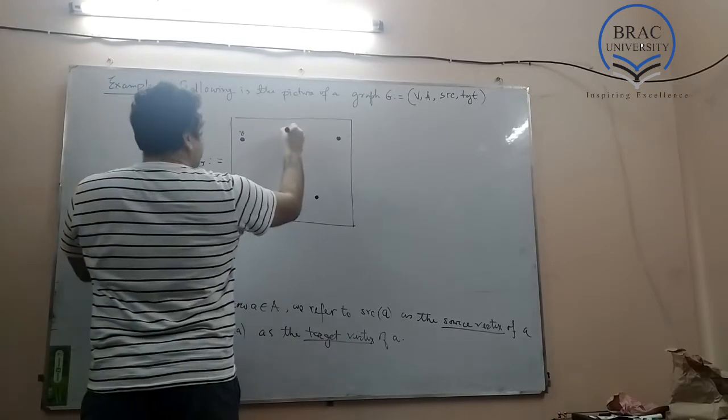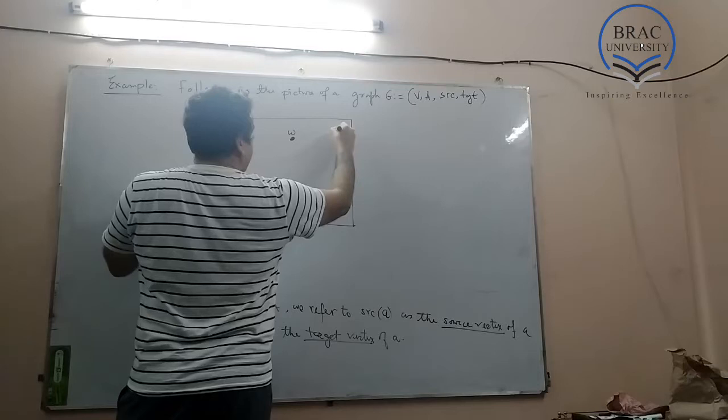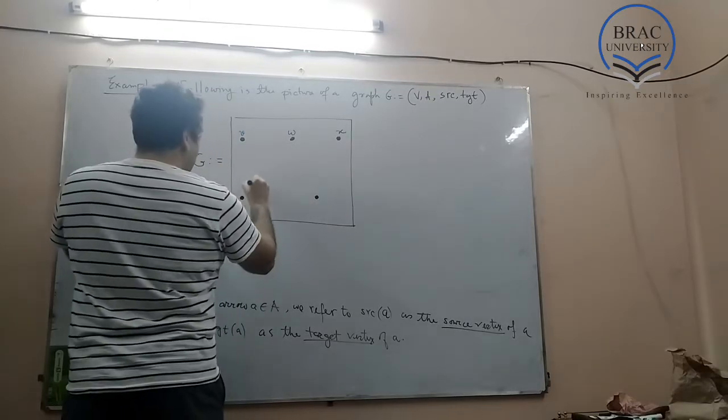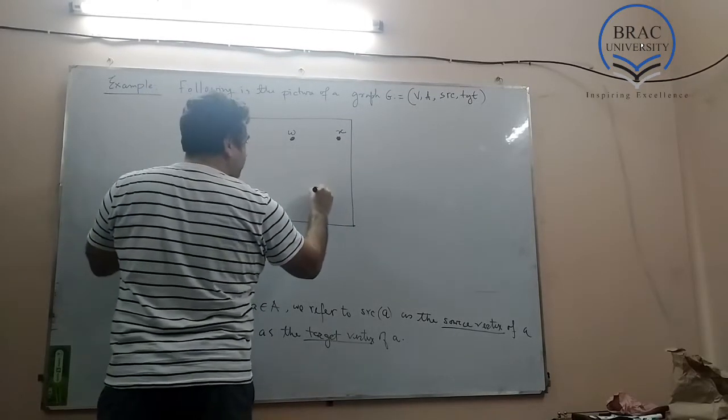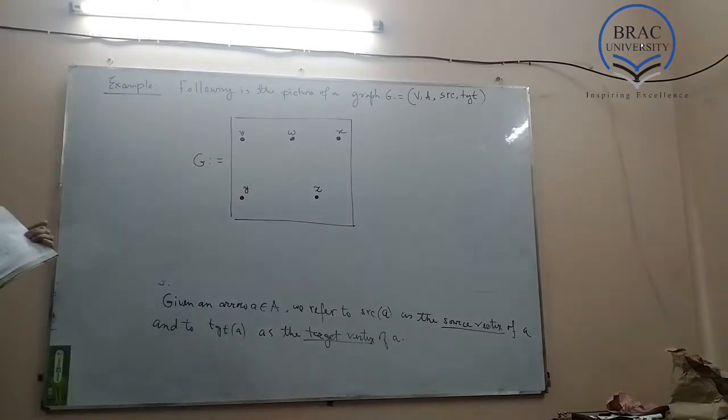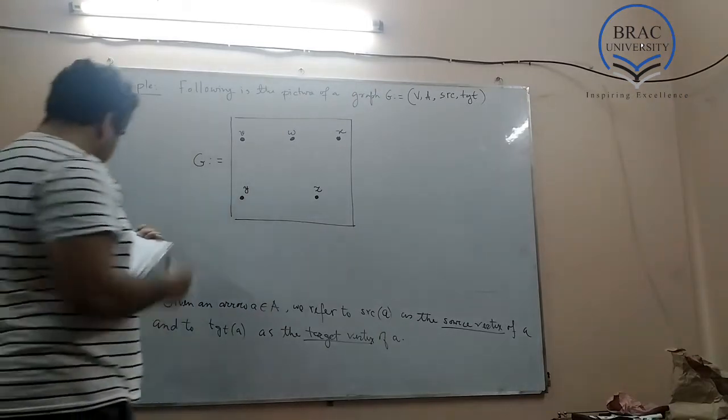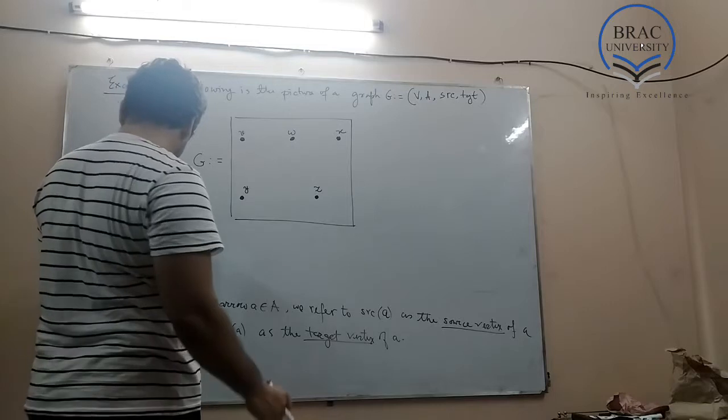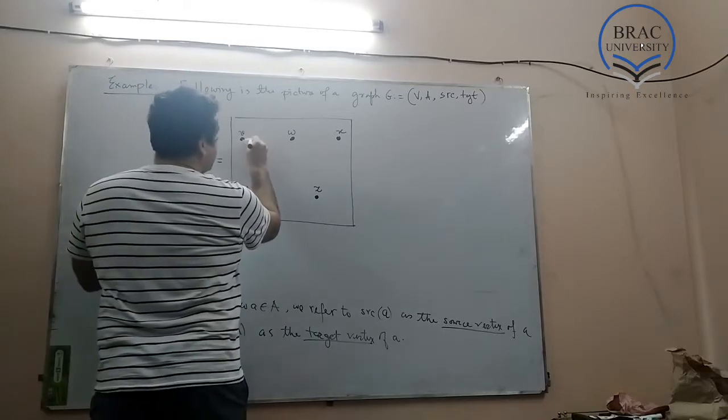Let me label the vertices V, W, X, Y, and Z. There are 5 vertices. And there is an arrow from V to W in this direction.